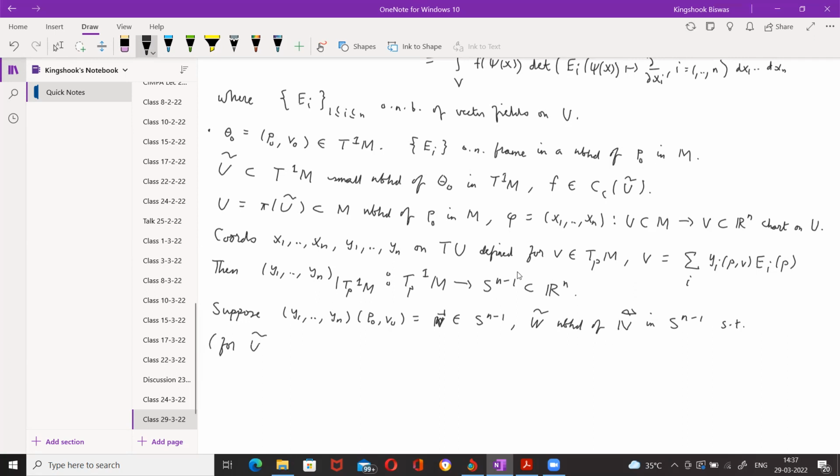So their image under y1 to yn will be close to the image of (p0, v0). So it will be close to N.